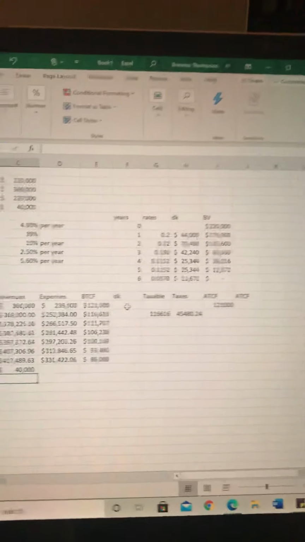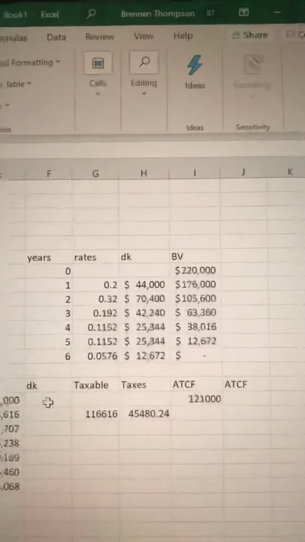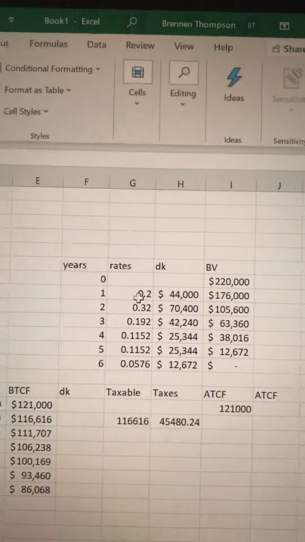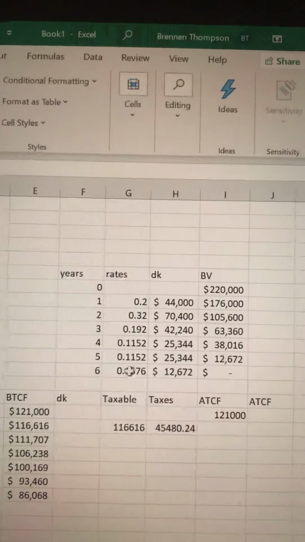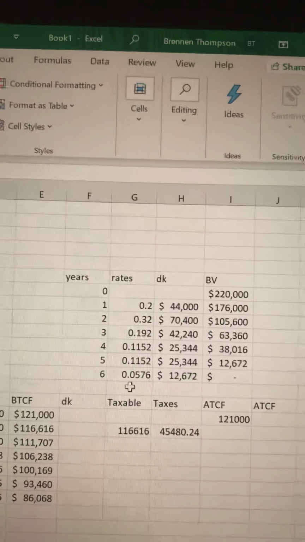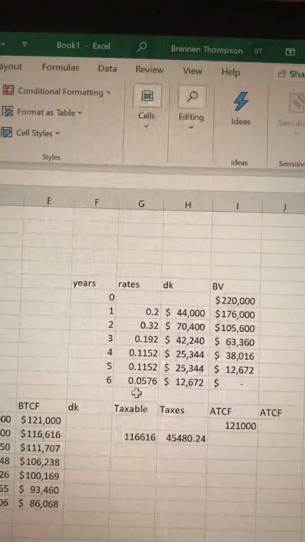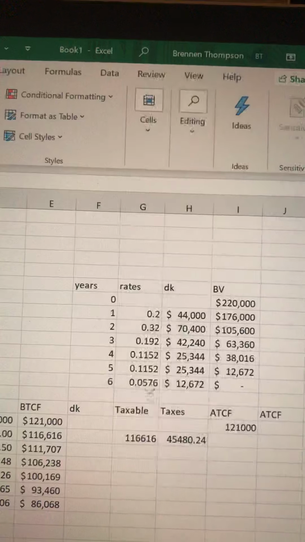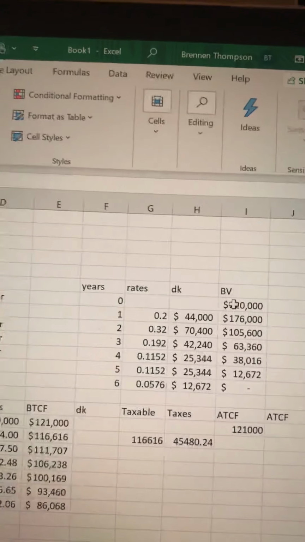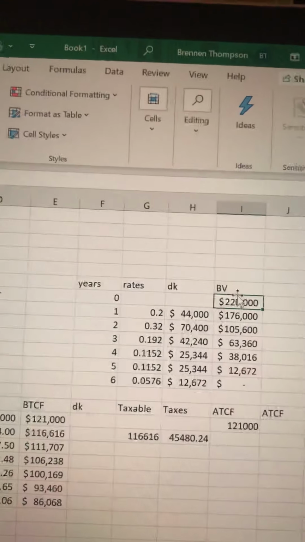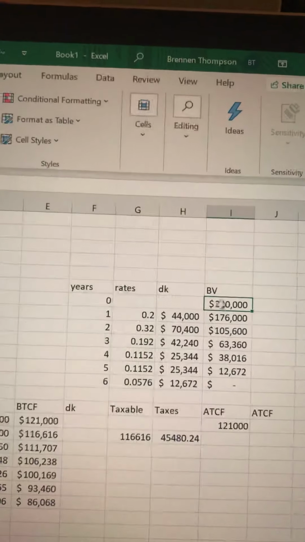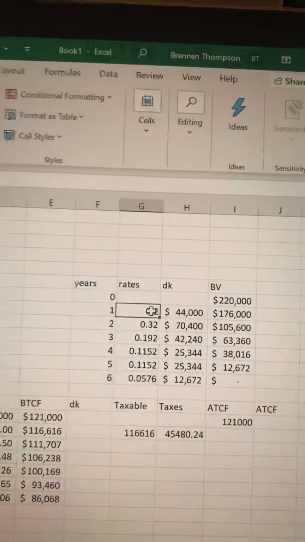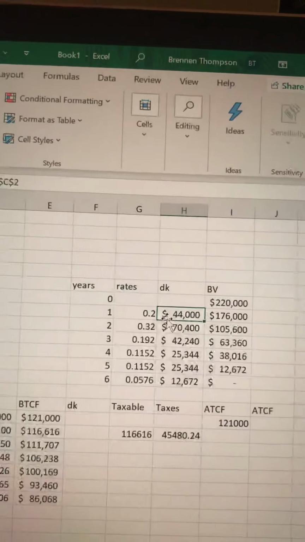Okay, so for depreciation, I made this table here to solve it. You've got to use the rates that were given in the figure 7.3, since it's a 5-year MACRS property class. These are the rates that are given for that. So how you solve that is you use your book value and multiply it for year 0 times the rate to get you the year 1 amount.